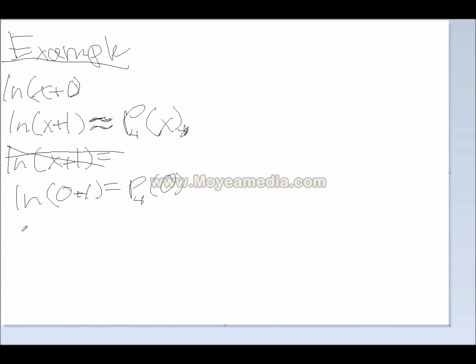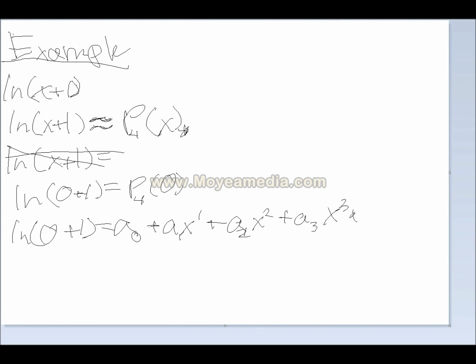And here's how we're going to do that. Natural log of x plus 1 at 0 is equal to a sub 0 plus a sub 1 x to the 1 plus a sub 2 x squared plus a sub 3 x cubed plus a sub 4 x to the 4th.